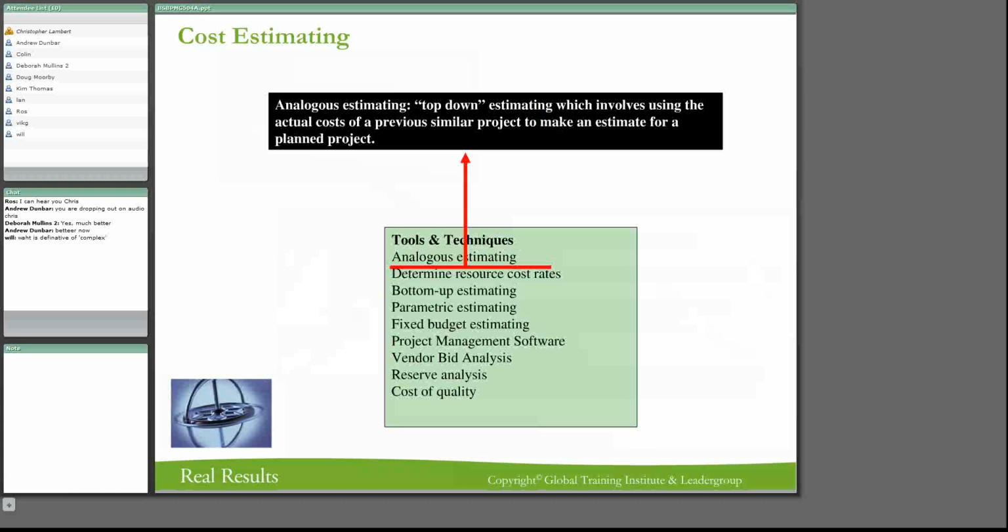Will wants a definition of a complex project. Okay, let me answer Will, because it's a good question. Before I carry on with these ones, let me quickly give you some of the characteristics of a complex project. If you can just give me one second, I'll try and tell you what we mean by a complex project.